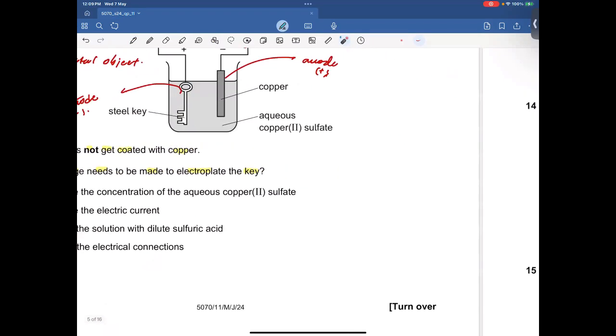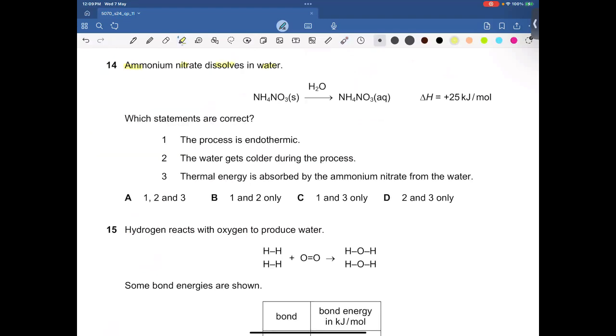Next, ammonium nitrate dissolves in water. Which statements are correct? Reaction is endothermic because delta H is positive.